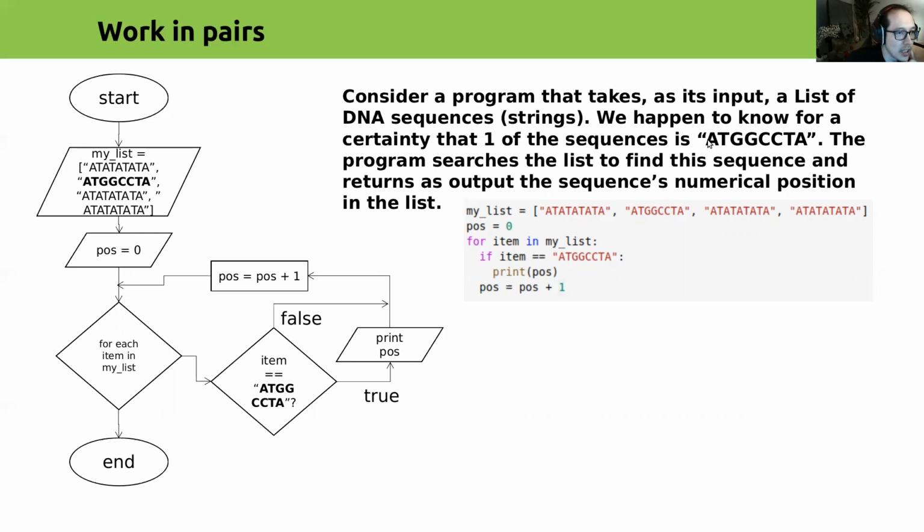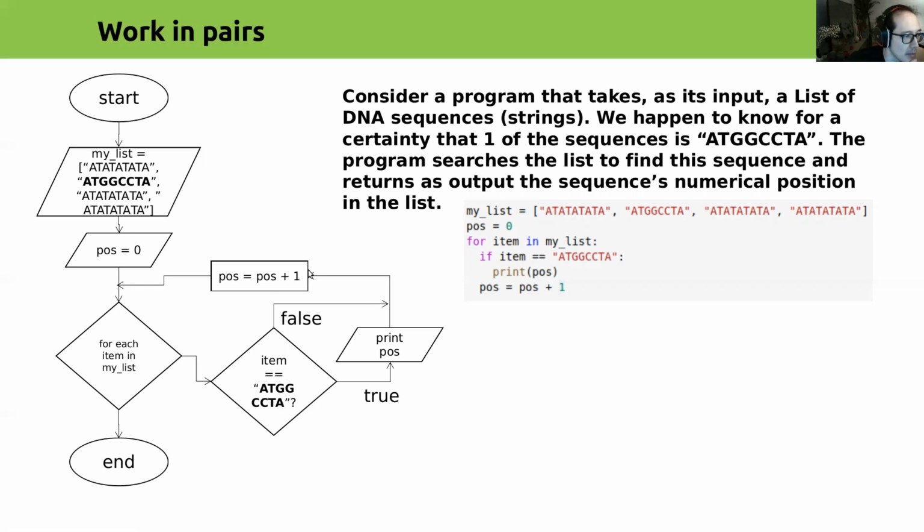Since we're looking at a list, we can probably guess that we're going to need to search this list. Okay, so we're trying to look for a particular sequence, ATGGCCTA. So we can make a loop then that will go through this list item by item and search for that sequence.